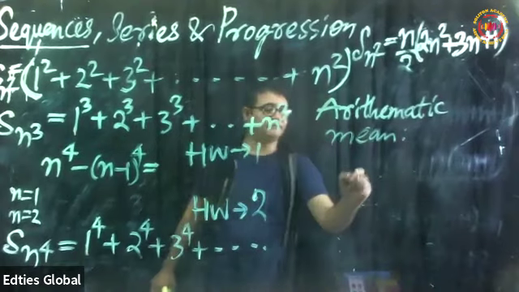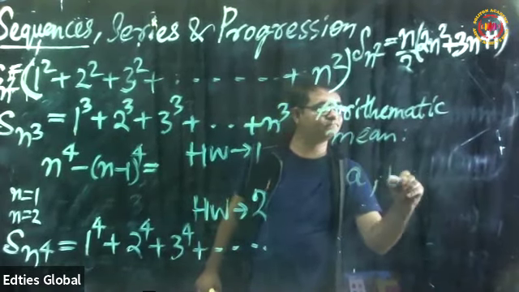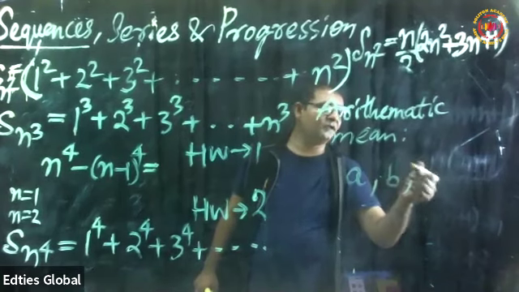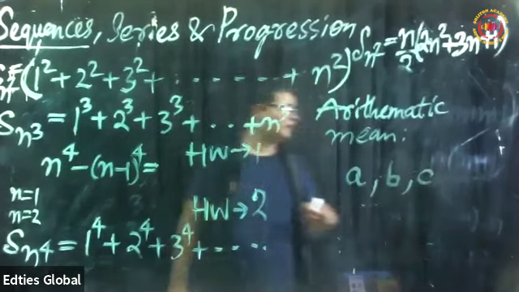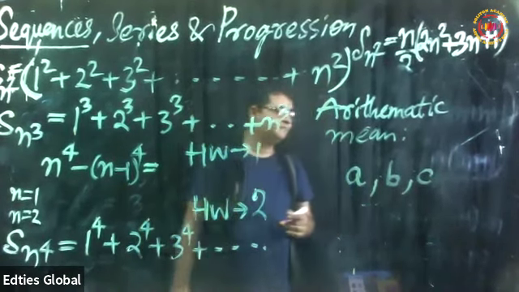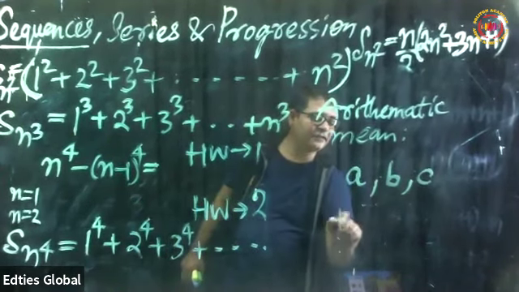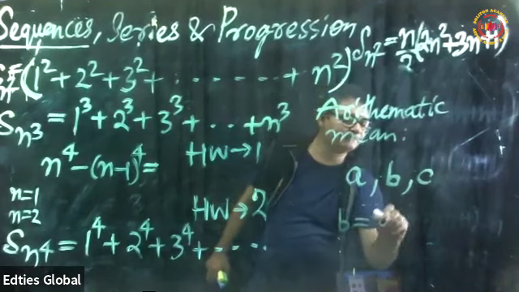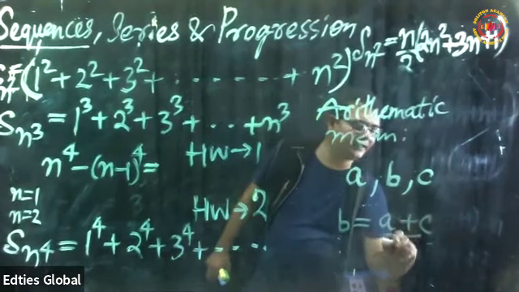Sir, arithmetic mean is the sum of all the terms upon total number of terms. Indeed. And if A, B, C are in arithmetic progression, then B is the arithmetic mean of A and C.